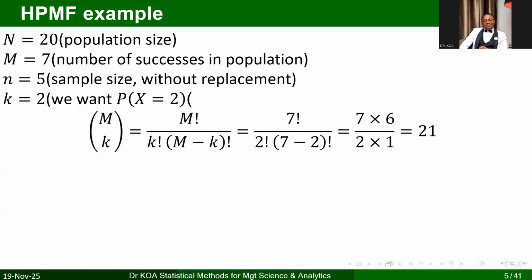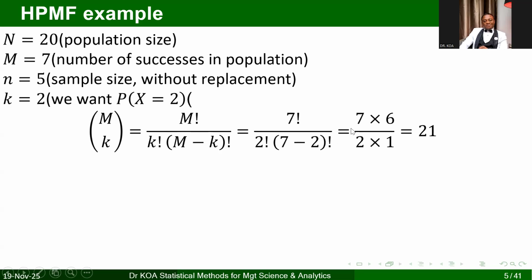Okay, let me start the first one for you. M choose k is M factorial divided by k factorial times M minus k factorial. You have the formula there. Your M is 7, your k is 2.